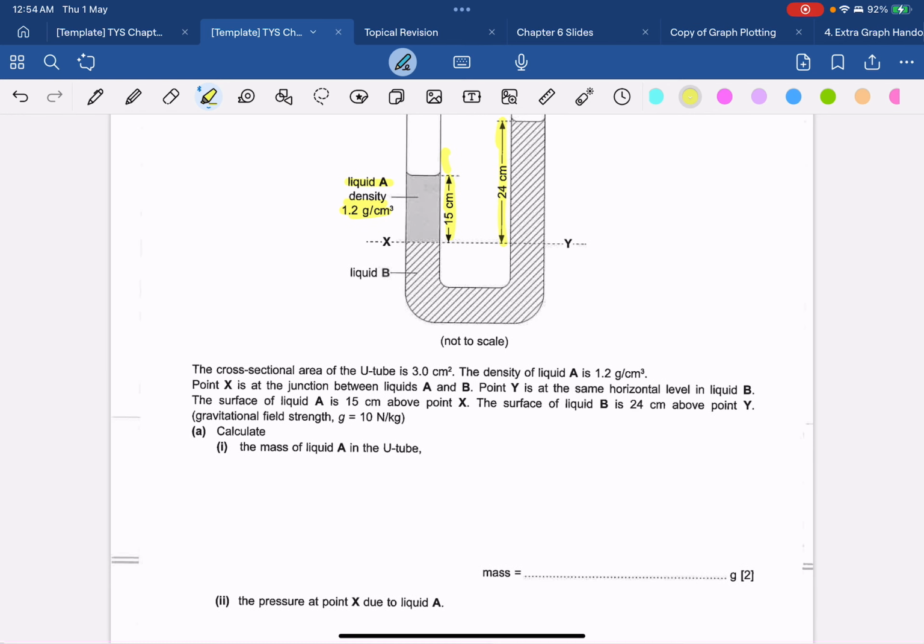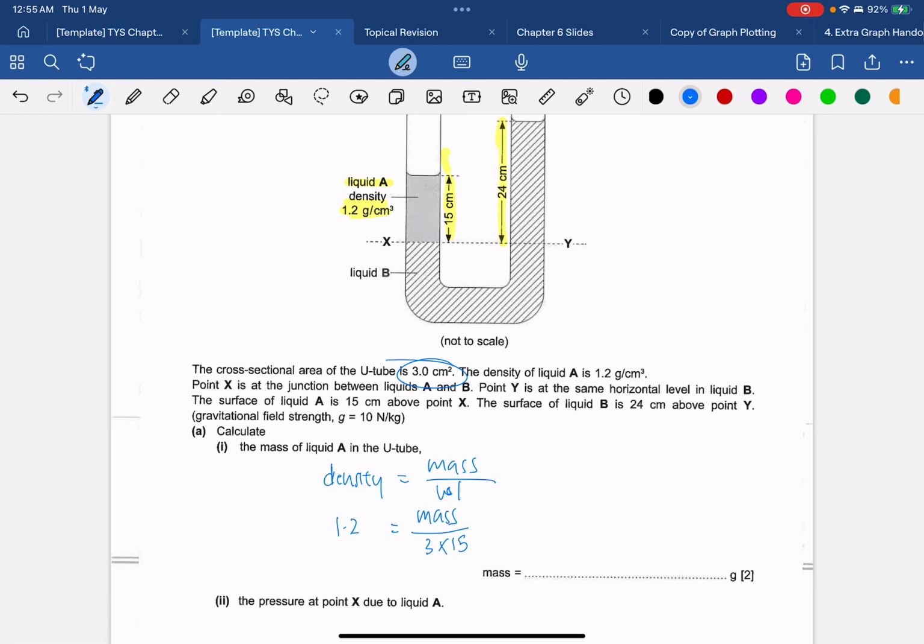So again, to calculate mass, I need to use density equals mass over volume. So density of A is 1.2. Mass I don't know, but what about the volume? They said cross-sectional area is 3, so 3 times 15.